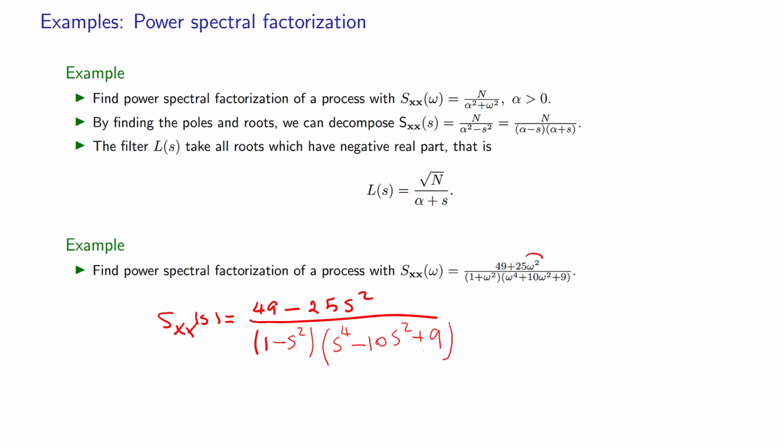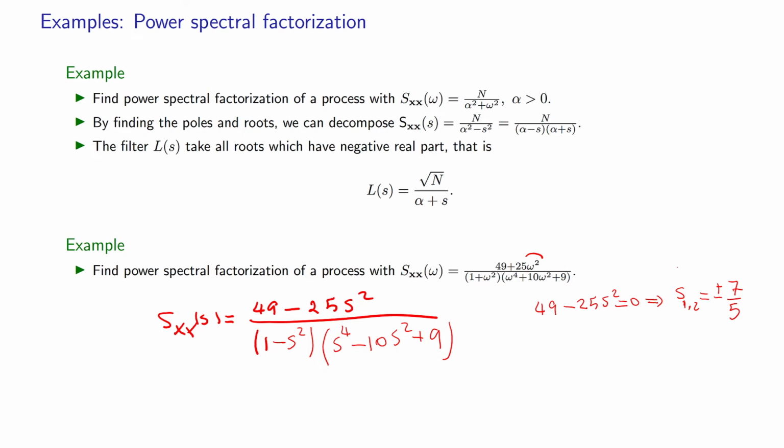Now I have to find the zeros. For zeros, I say 49 minus 25 s squared equals 0. I find the solution: s_1 and 2, two solutions, is equal to plus minus 7 divided by 5.